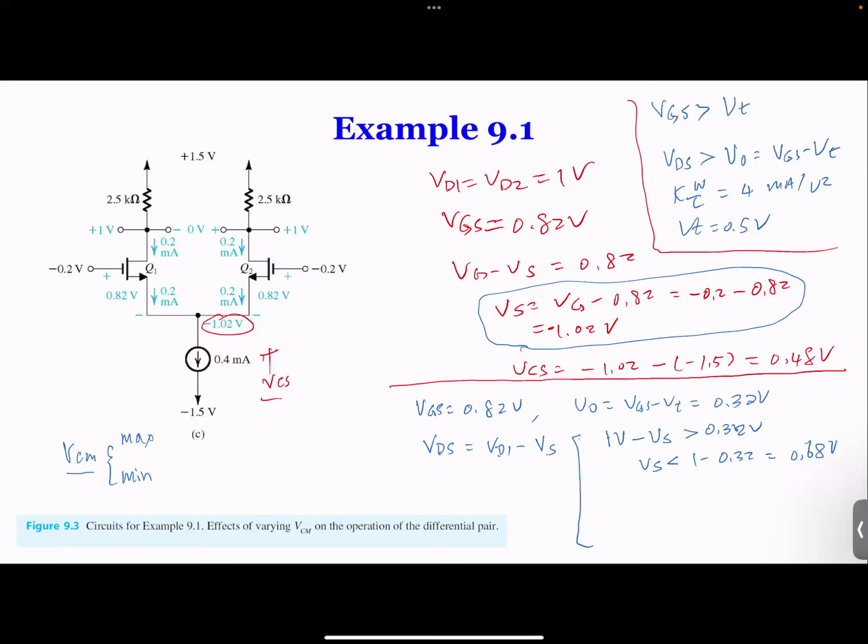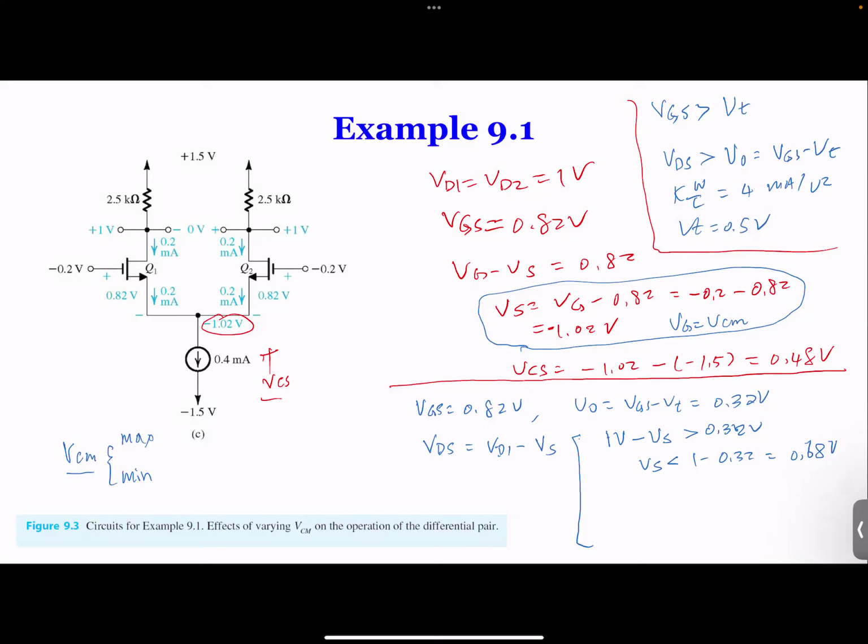So for example, if VCM is too big, we already know that VS is VG, which is VCM, minus 0.82. So that's what you have for VG, so VG is VCM. So if VG is too big, this is going to be out of saturation mode, right? So that's your VCM max.